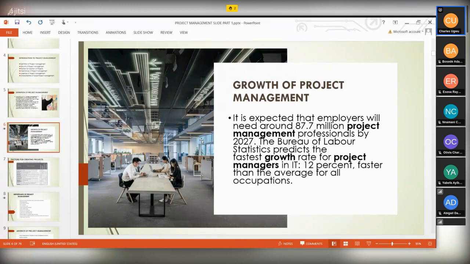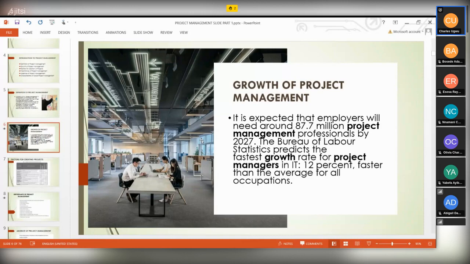The Bureau of Labor Statistics predicts that the fastest growth rate for project managers in IT is 12%, faster than the average for all occupations.